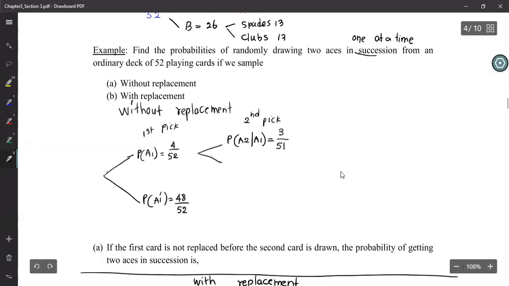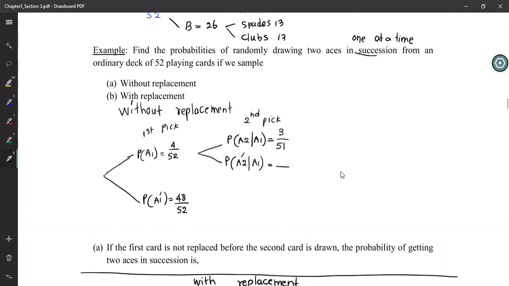Okay, right. The next option, if you got an A in the first pick, what is the probability that the second is not A, given that first is A? What about this probability? First was an A, but the second is not. How many not A cards are there?